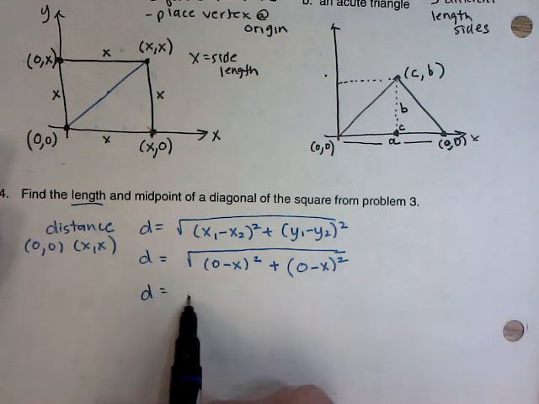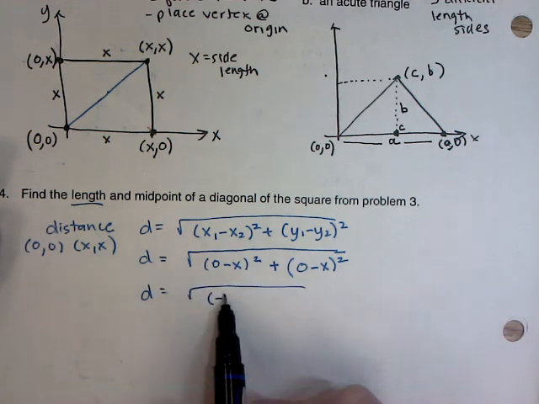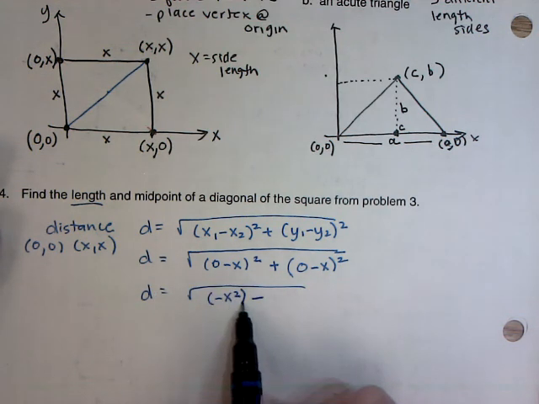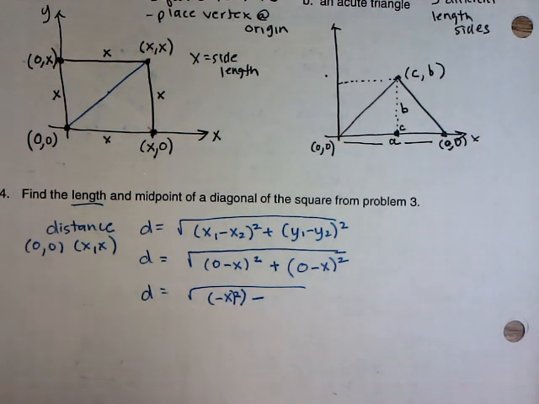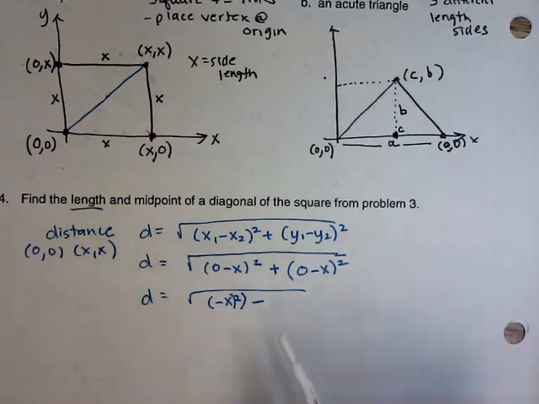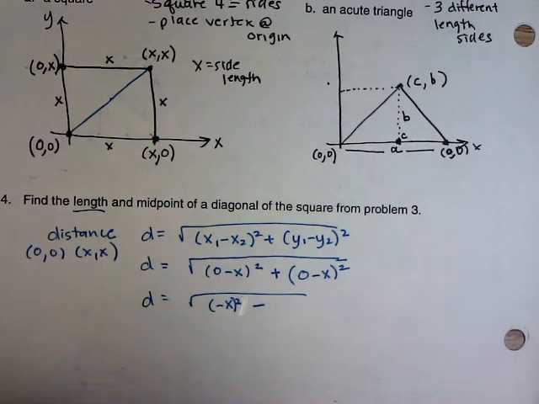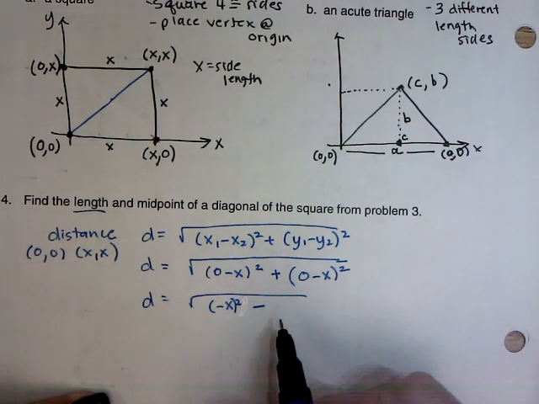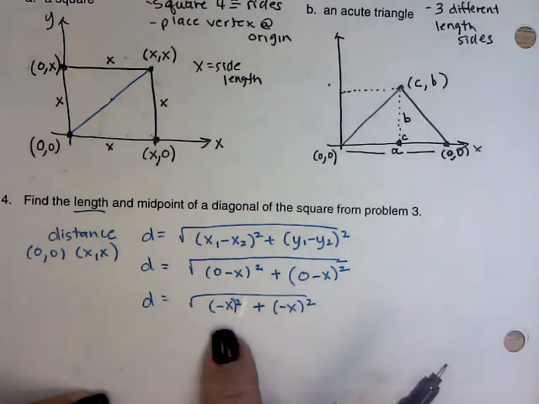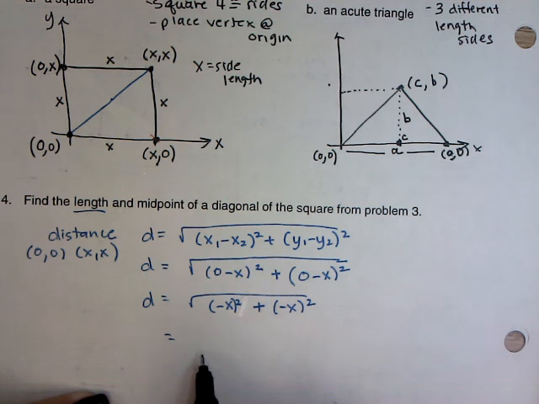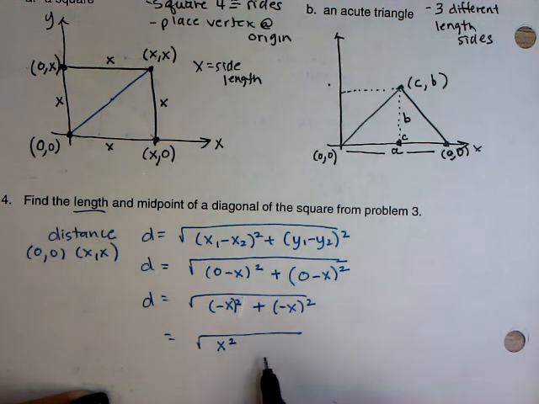When I clean this up, I have negative x squared, and negative x squared. Negative x squared is going to be positive x squared, because negative 1 times negative 1 is positive, plus x squared.